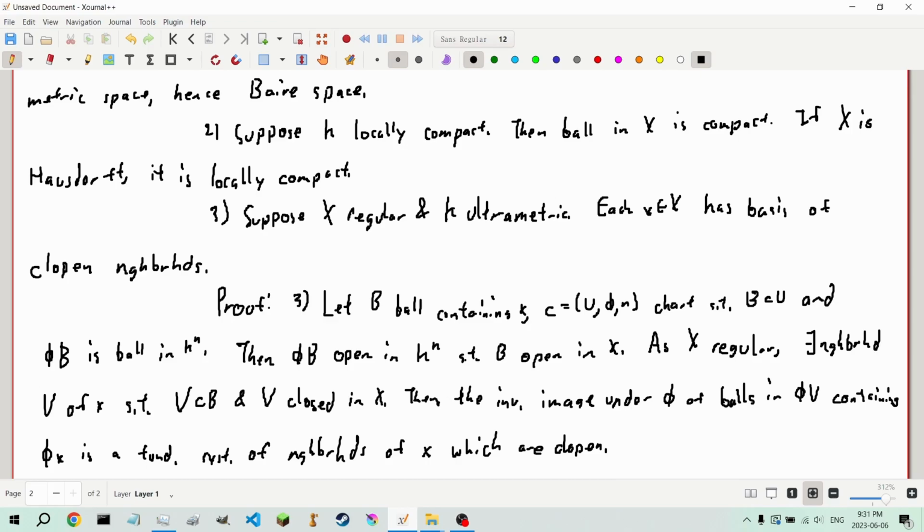And yeah, you can see the appendix. And there is an example where this fails, where X is only Hausdorff. We're not going to go through it right now.